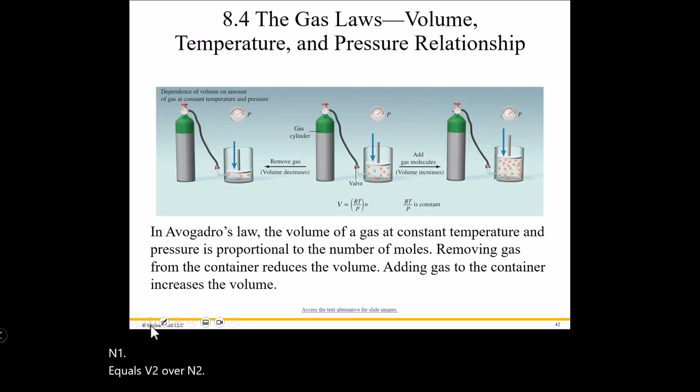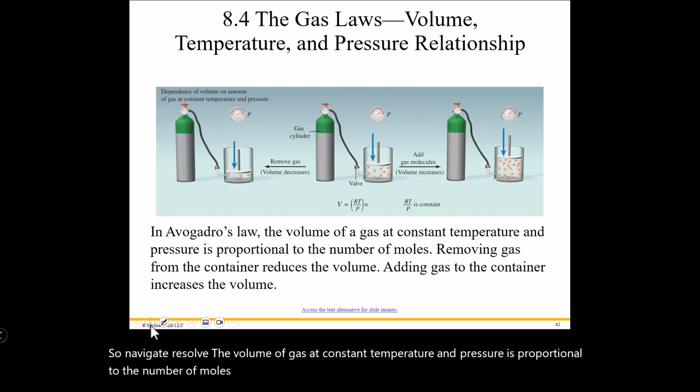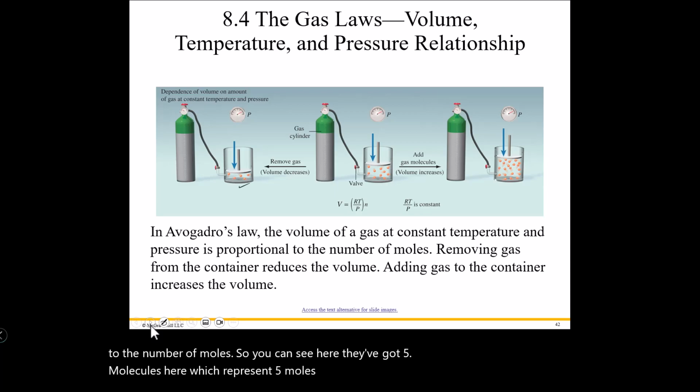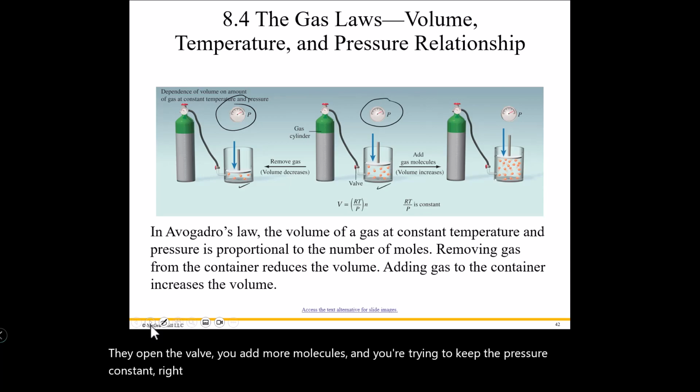Okay. So in Avogadro's law, the volume of gas at constant temperature and pressure is proportional to the number of moles. You can see here they have 5 molecules, which represent 5 moles. They open the valve, and you add more molecules. Now you're trying to keep the pressure constant, so the volume has to expand.